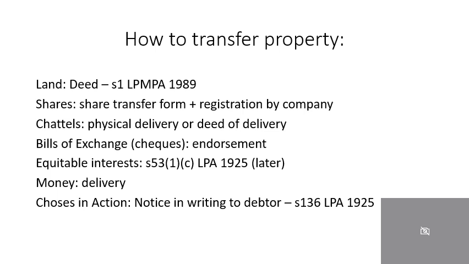You can transfer it to the other friend, the friend in need, by giving notice in writing to the debtor, telling them to pay the other person instead. This is how you transfer a chose in action. So a debt is a chose in action, and that's governed by Section 136 of the Law of Property Act 1925. And this concludes the lecture on constitution of trusts.